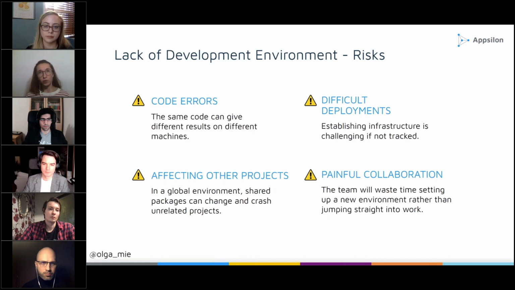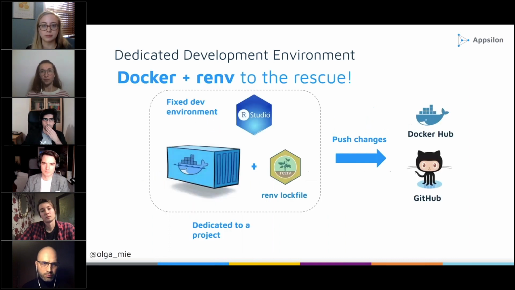This might not be a problem when you're starting a project, but imagine that you have to urgently add a new team member in the middle of one. To solve all those problems, we recommend the following setup. You can do development in RStudio running inside a Docker container, which is fixed and dedicated per project.